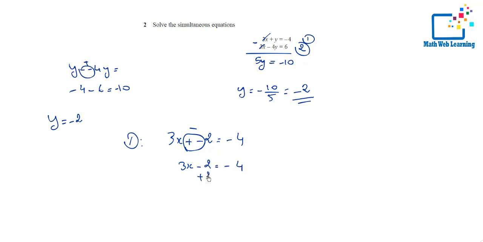We're going to do plus 2 both sides to eliminate the 2, so we'll be left with 3x equals minus 2, and then we divide by 3 on both sides. This will give us x equals minus 2/3. So that is the second solution, x equals minus 2/3. All right.